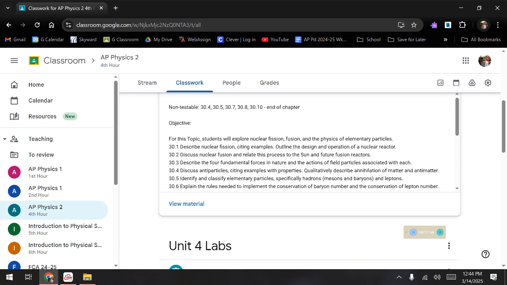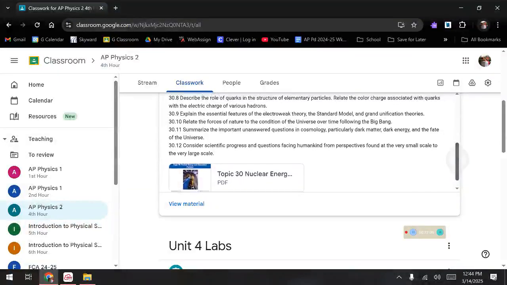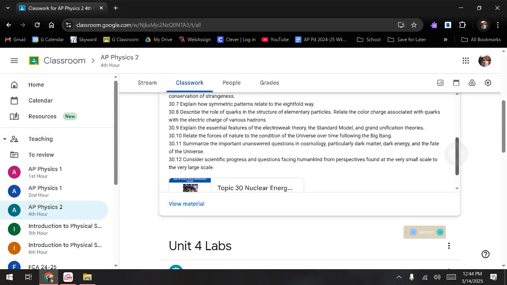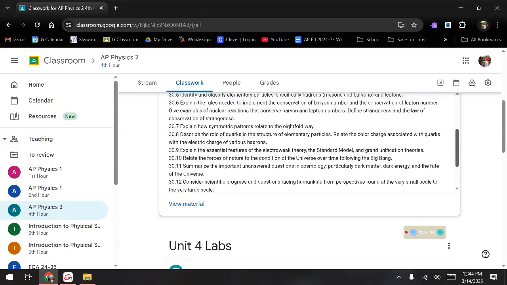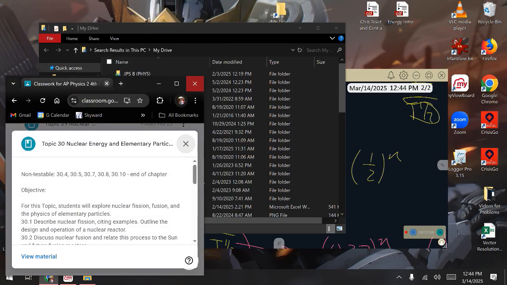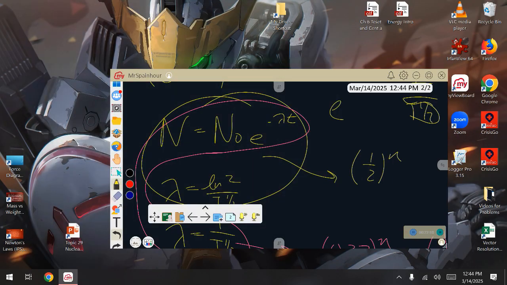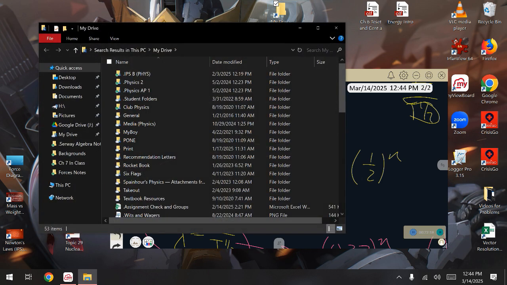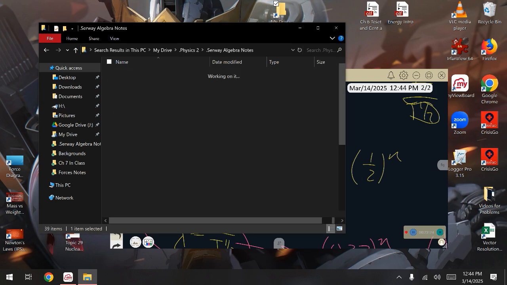Finally, the last thing we will definitely hit is essential features of the electroweak theory, the standard model, and grand unification theories. That way, if you ask extra questions today and I don't know the answer, at least you feel somewhat better that you don't actually need to know it for the test. It's also just beyond the scope of this particular class as it stands right now.